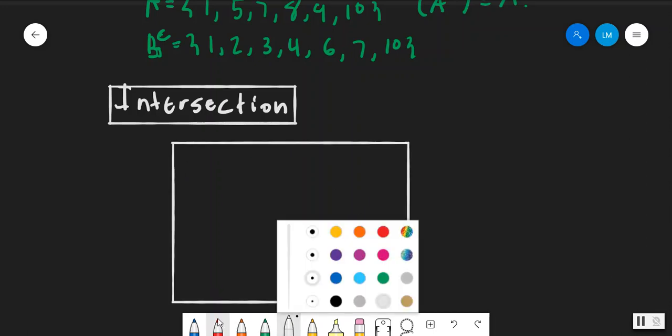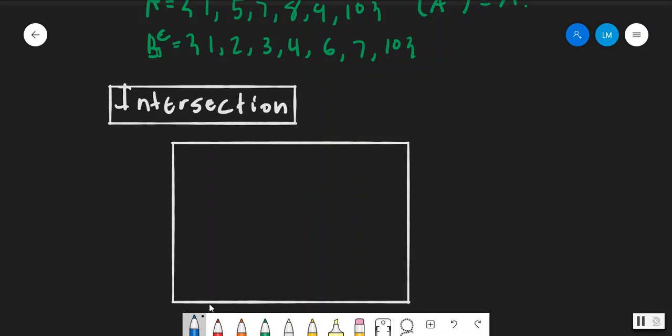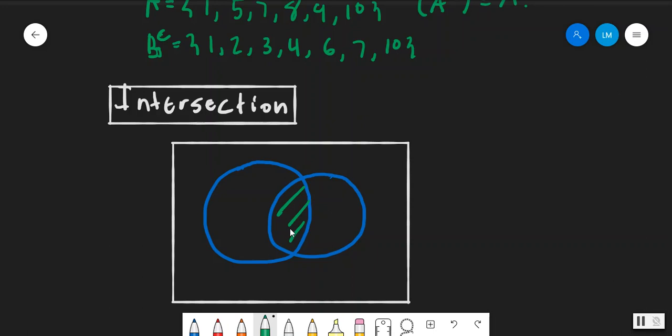So let's say that we have two sets. We have A, and then we have B. Okay, but what if we were to shade the region between A and B?